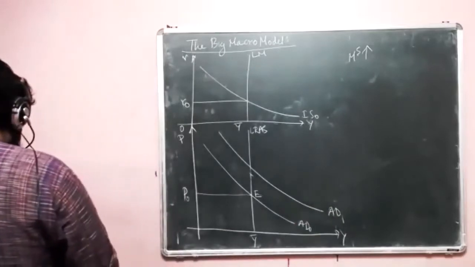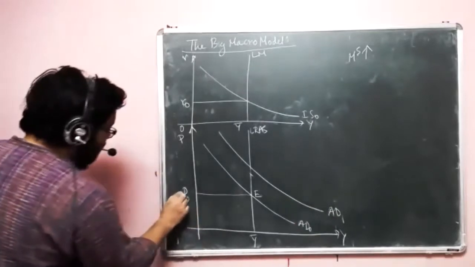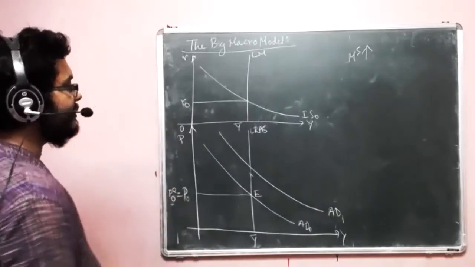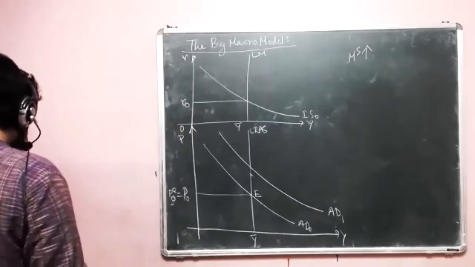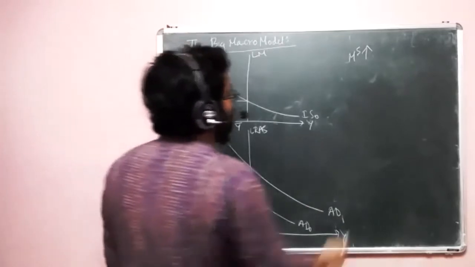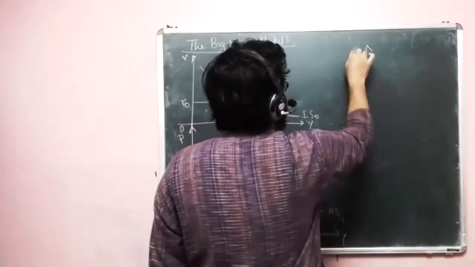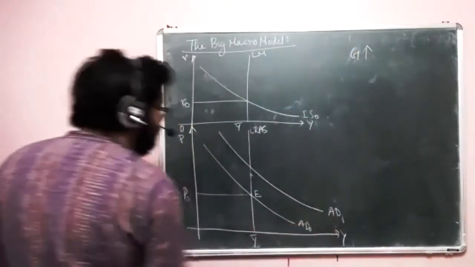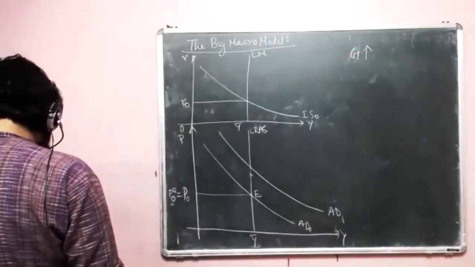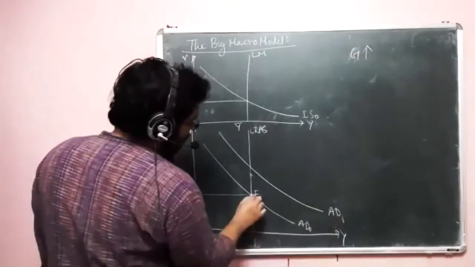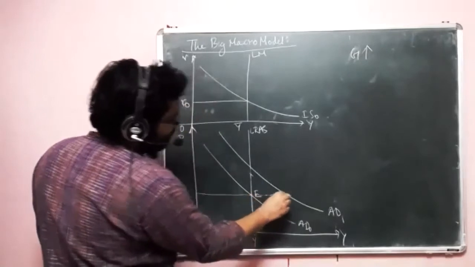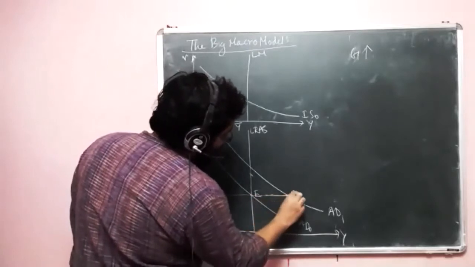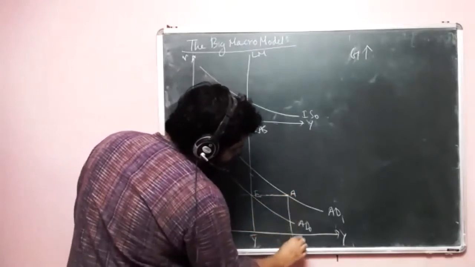So this P naught will be equal to some P naught E. Or no, let us take, for a change, fiscal policy. So let's say G increases. If G increases, aggregate demand shifts, and so will be the shift of IS curve, but we'll go to that later. So if price is fixed, then we would have reached a point like A y hat.